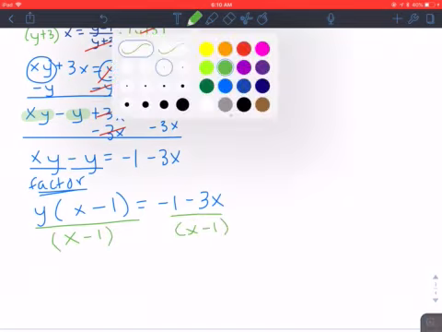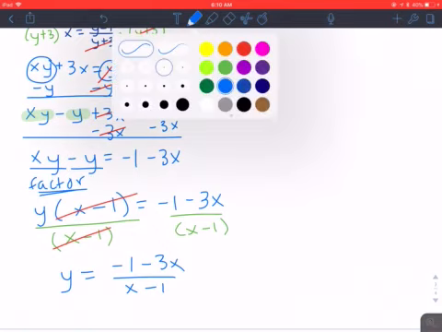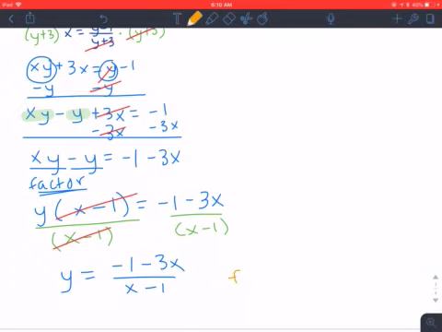Do that on both sides. Here these cancel, so I'm just left with a y. And I've got negative 1 minus 3x all over x minus 1. And now I need to write it in function notation. F to the negative 1 of x equals negative 1 minus 3x over x minus 1.